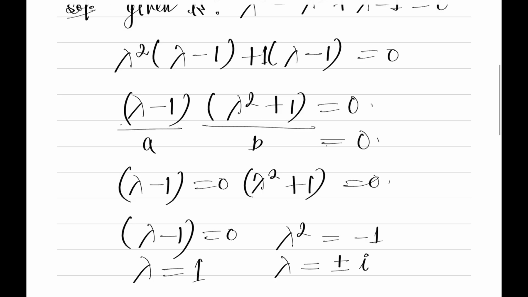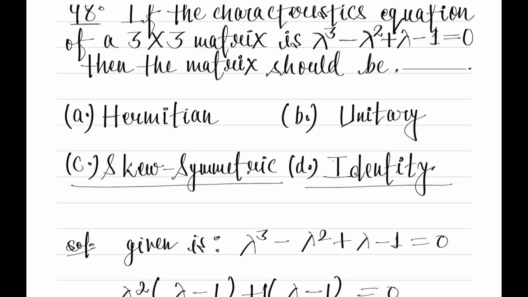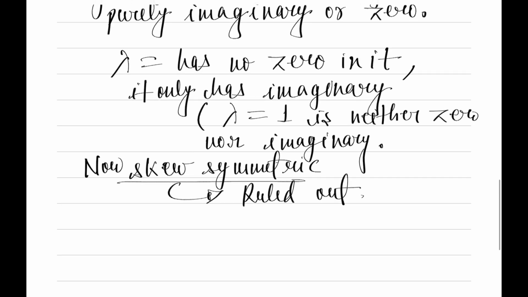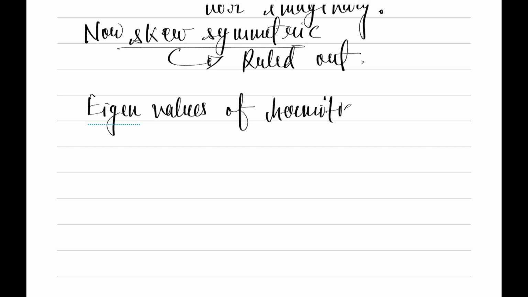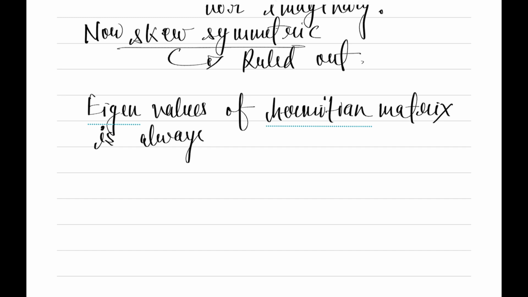Now we check for Hermitian, option A. Eigenvalues of a Hermitian matrix are always real.